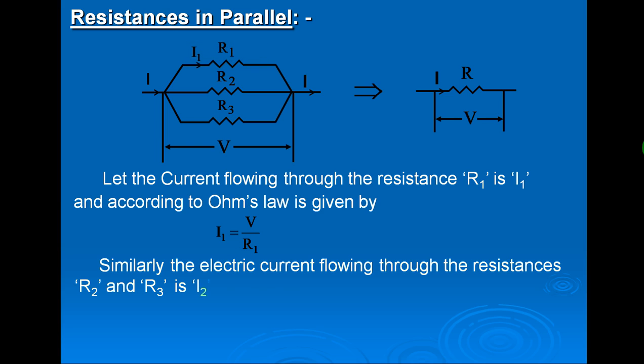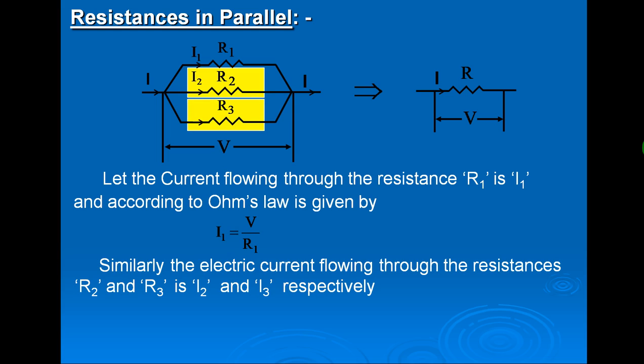Similarly, the electric currents flowing through the resistances R2 and R3 are I2 and I3 respectively, given by I2 is equal to V upon R2 and I3 is equal to V upon R3.